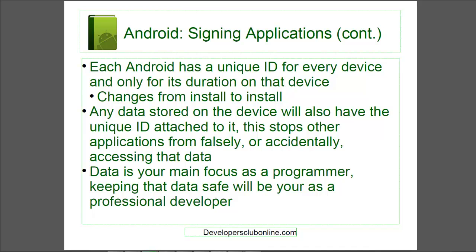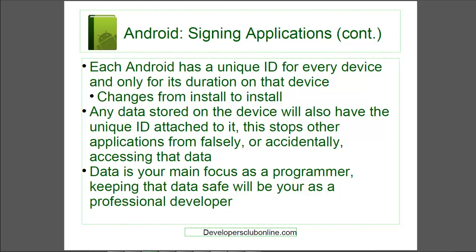The data that is stored on my device will have the same unique ID attached to it. So essentially, that application that has that ID can only store data where that ID is located. So there are no applications falsely storing data, like for your contact information, somehow saving over your original contacts and messing up all the numbers in your phone. It won't be allowed to do that because it won't have the same ID as your contacts application.